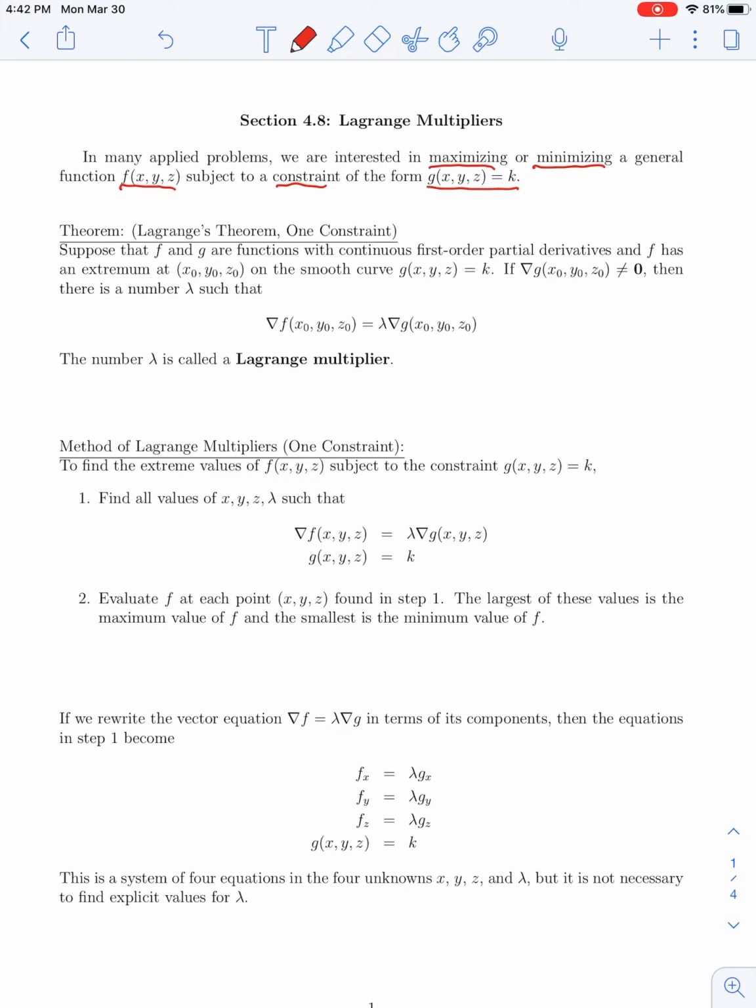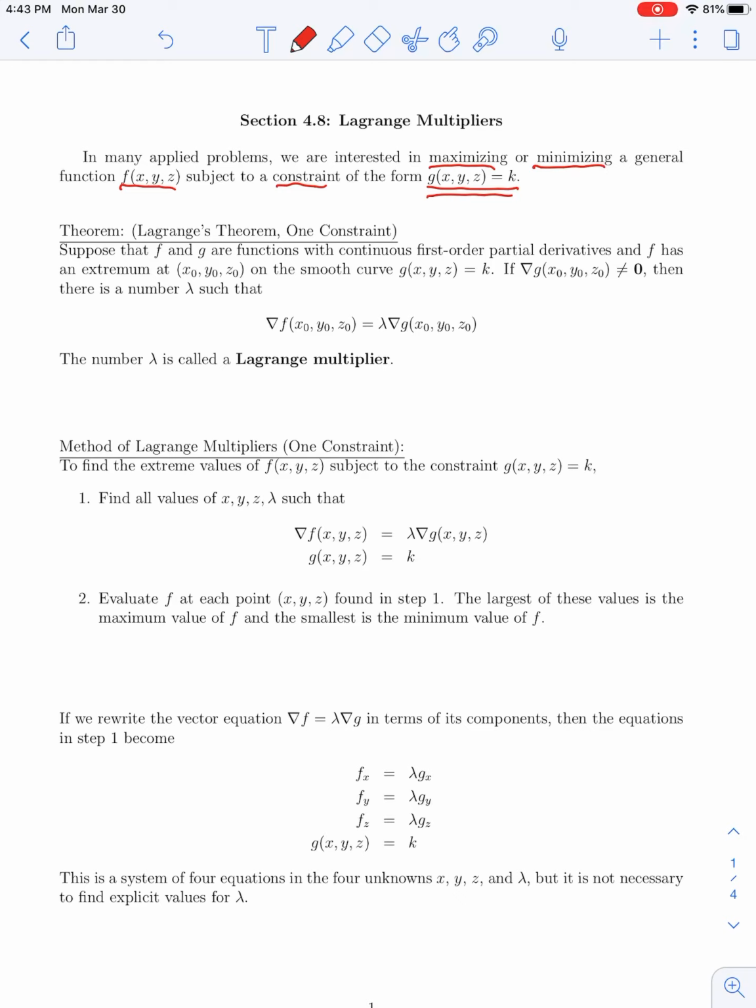Now we saw in the last section, we could, in some cases, solve our constraint equation for the variable z in terms of x and y, and then substitute into our function f to get a function of 2 variables and find our extreme values as we did in section 4.7.